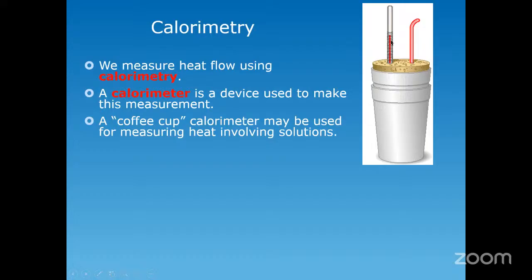The function of the thermometer is to measure the temperature increase, and the function of the stirrer is to make sure that the contents inside the styrofoam cup are thoroughly mixed, all right?